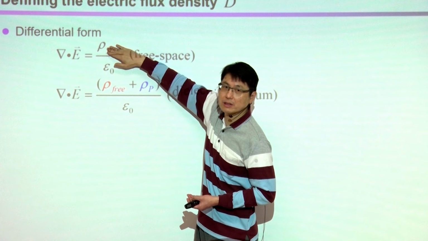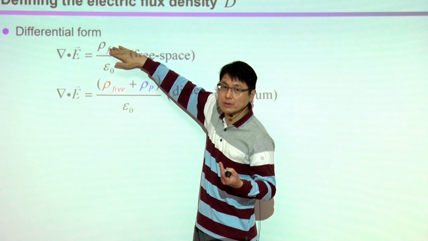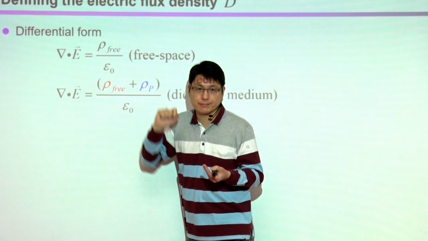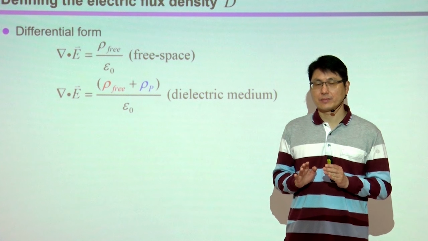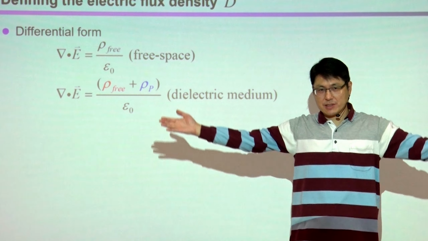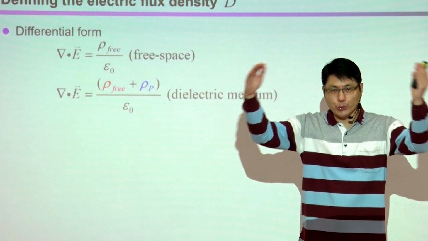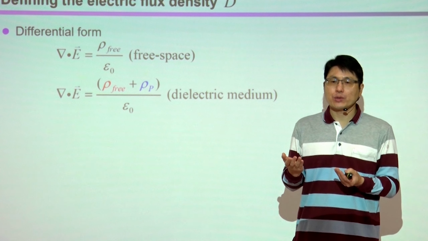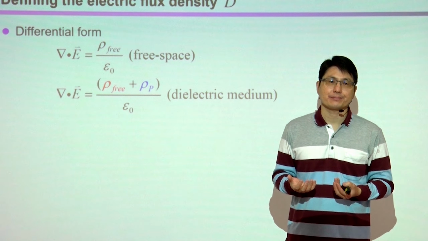Initially, we didn't talk about what type of charge density was related to E. But now I'm telling you, when we are in free space, in vacuum, vacuum is defined as nothing, right?